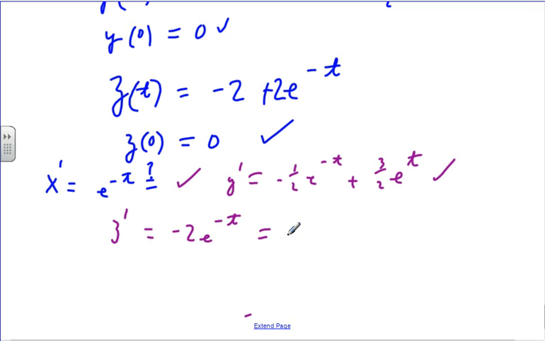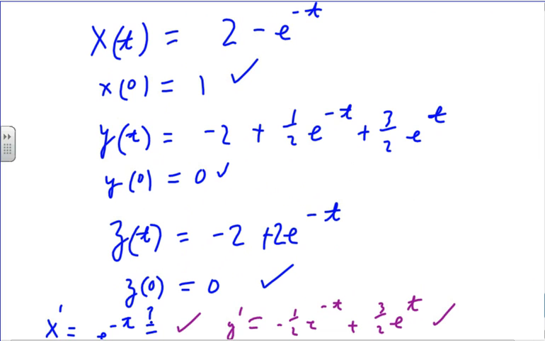Okay, and that is supposed to equal 2x minus z. 2x minus z is just going to give me a minus 2, minus 2x minus z.